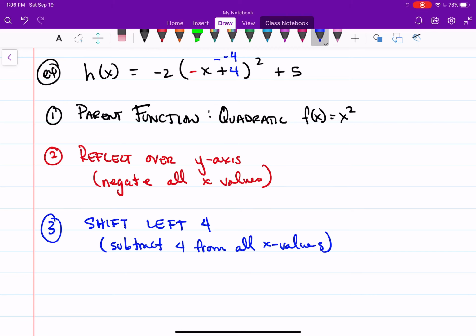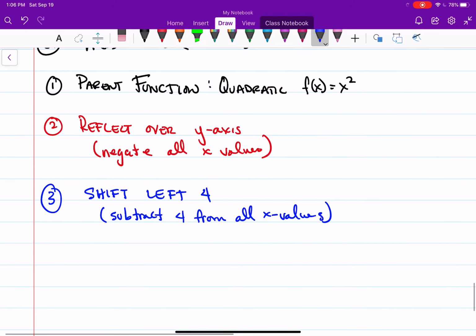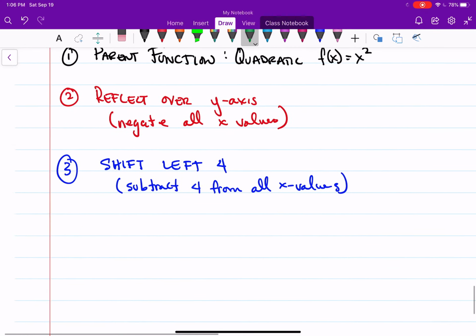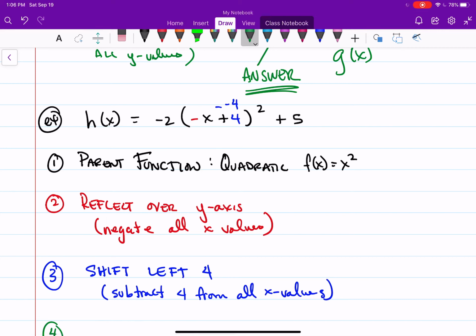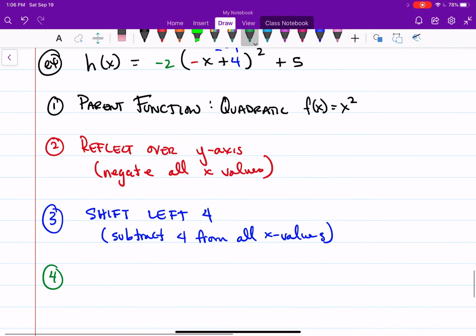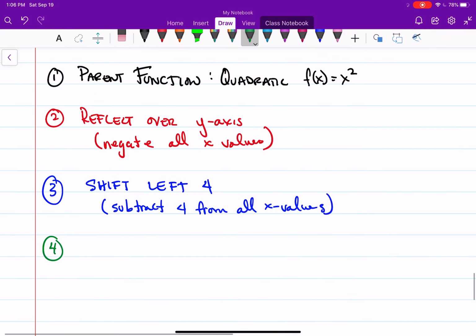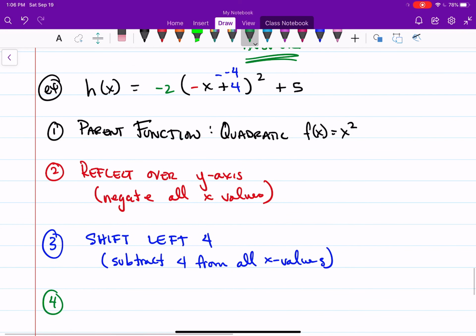Show what is next after that. So let's go green. Step 4. So what's after that? So everything inside the parentheses is taken care of. Now I go outside. So the -2, what does the -2 do? Right? So negating it, what happens? I reflect it over what's being affected here.